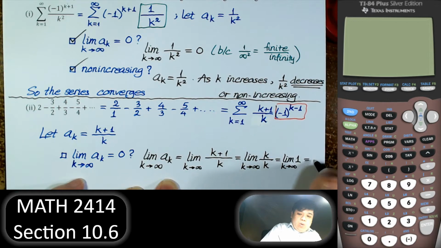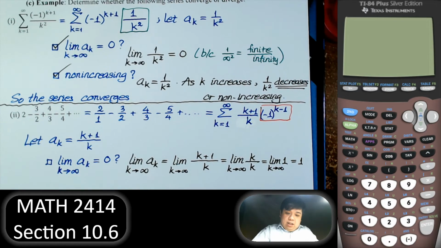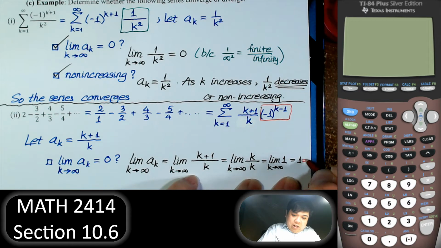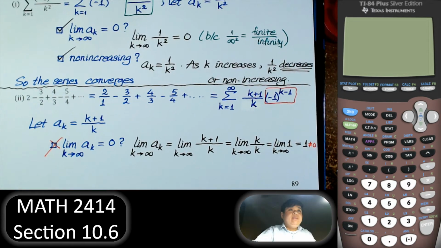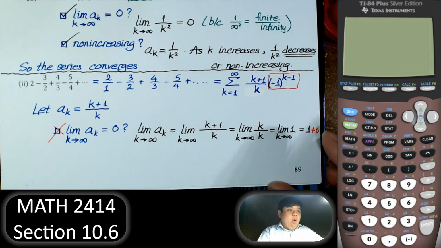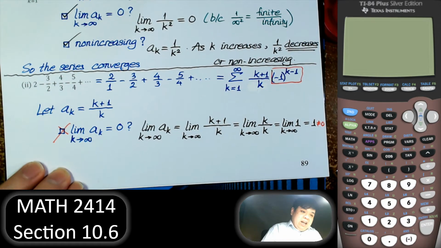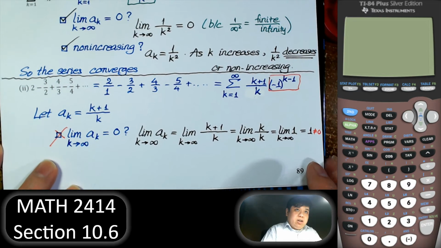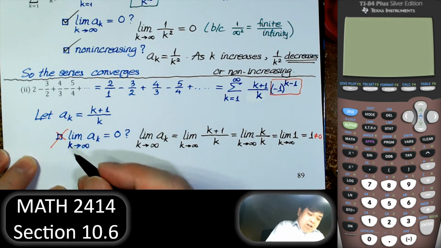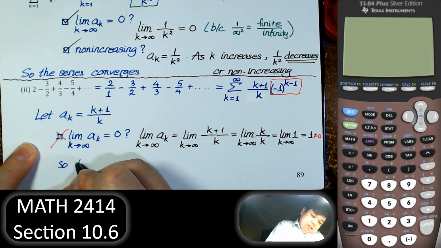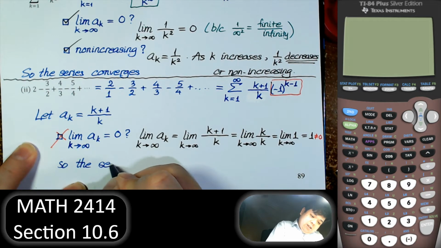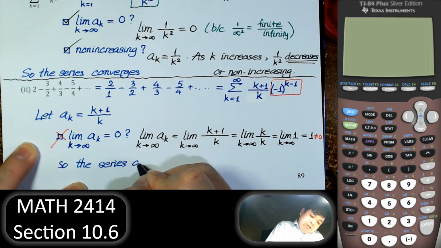And that equals 1, and this is not equal to 0. So the nth term does not go to 0. So this one fails. We don't need to go any further, and we say this one is divergent. Both of them have to be satisfied for the series to be convergent. If one of them fails, it's certainly divergent. So the series diverges.